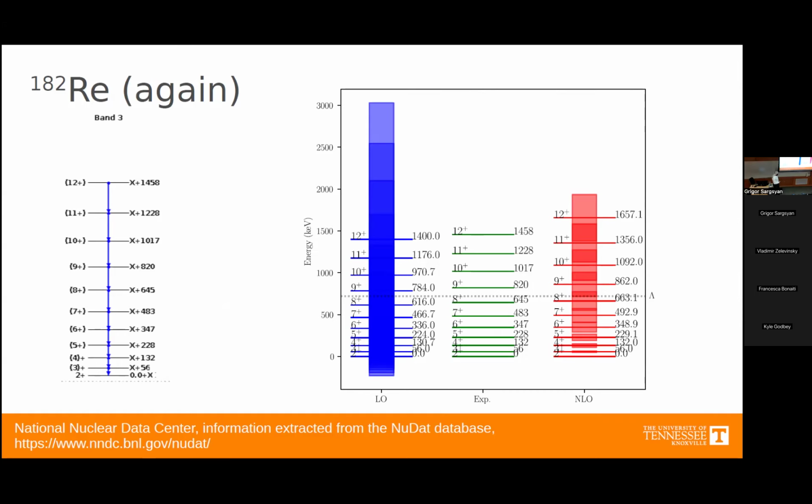You'll notice the X's here in the spectrum from NNDC. Essentially, that's just because we haven't observed or haven't sufficiently observed decays between these states and states that have been properly placed within the rotational spectrum.